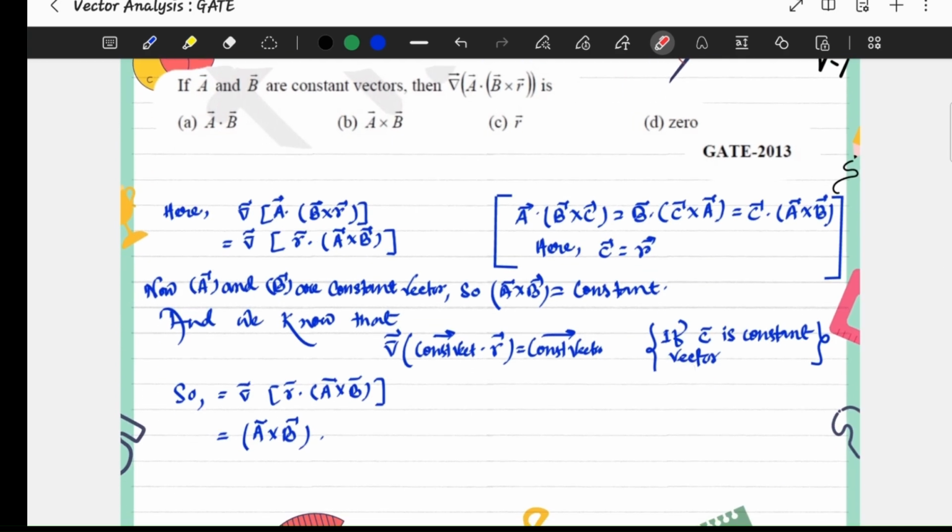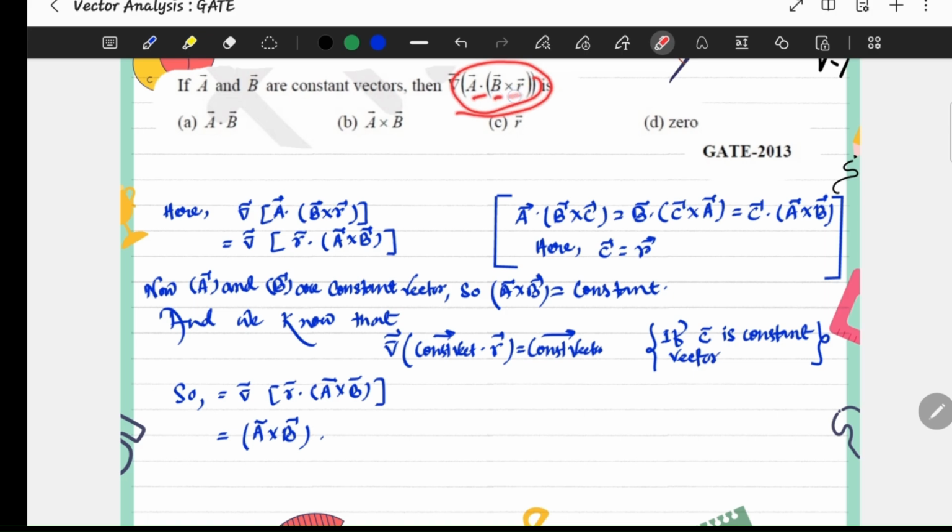ठीक है, चलो next question. हाँ, okay. So if a and b are constant vectors, then grad of a dot b cross r. एकदम सिंपल है रे. देख, a dot b cross c equal to b dot c cross a equal to c dot a cross b. So now अभी ध्यान से देखिए इस चीज को.